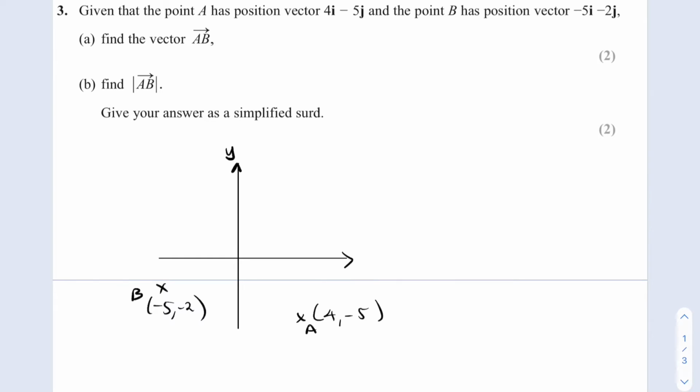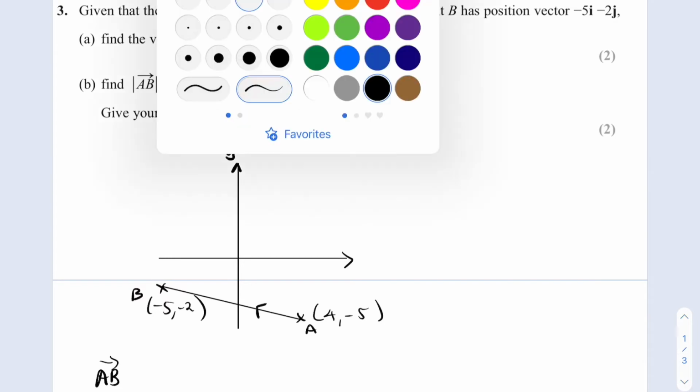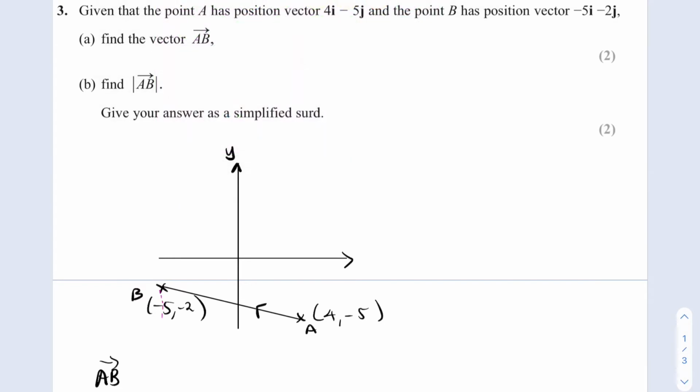Okay, so the vector that points from A to B is the one that starts at A and goes to B. And it's directed, so it's going in that direction. So what we can do is look at the differences in the x and y coordinates.